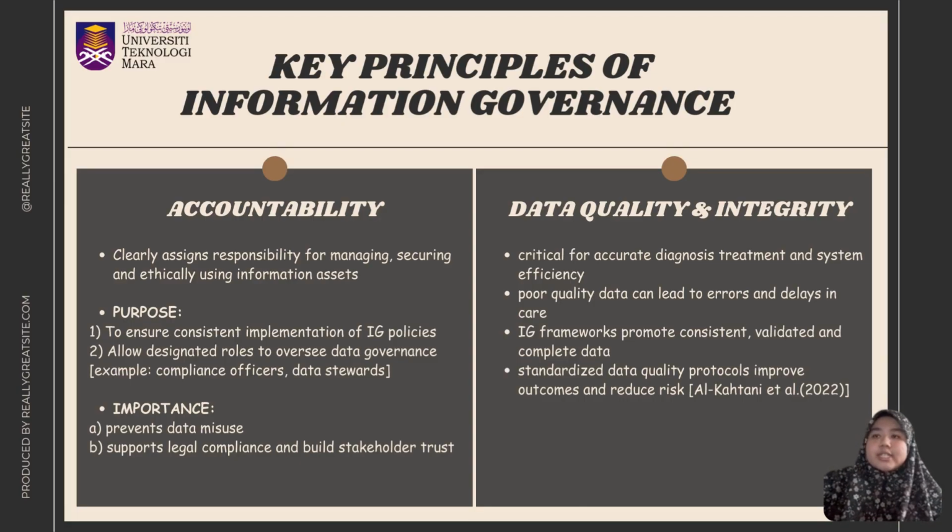Without accountability, it becomes difficult to prevent or trace misuse of information. This could lead to a loss of trust and potential legal issues. So, in short, accountability helps maintain control, build trust, and ensure that the right people are responsible for protecting health information.